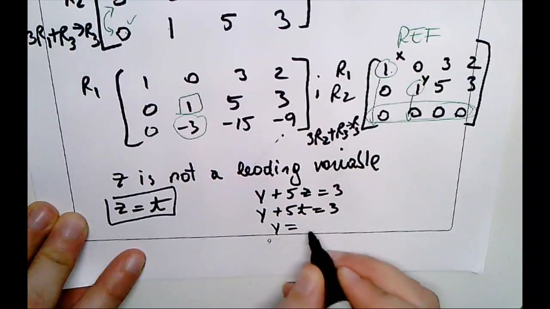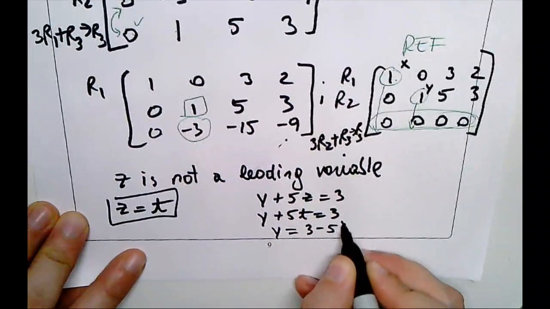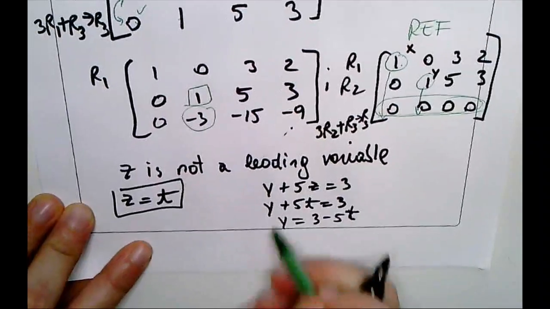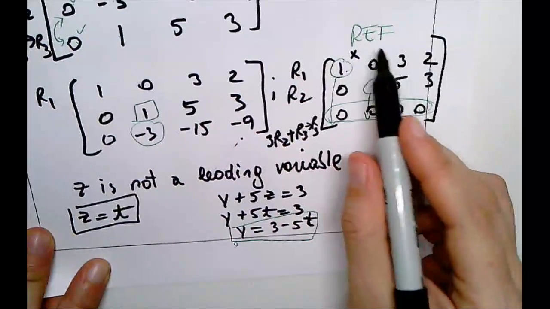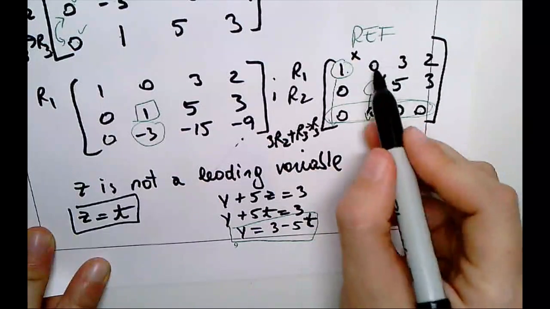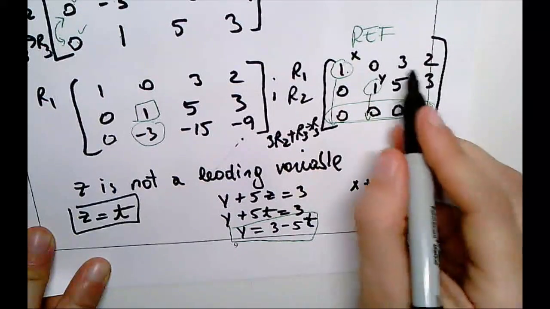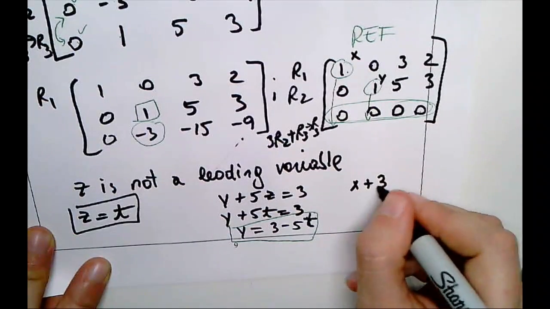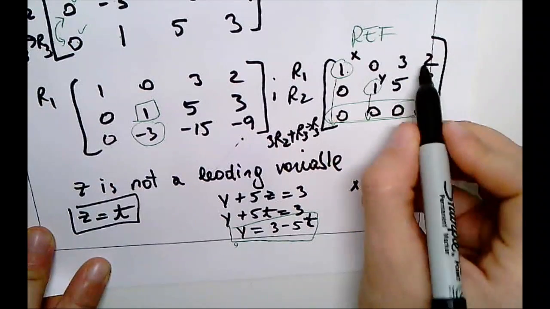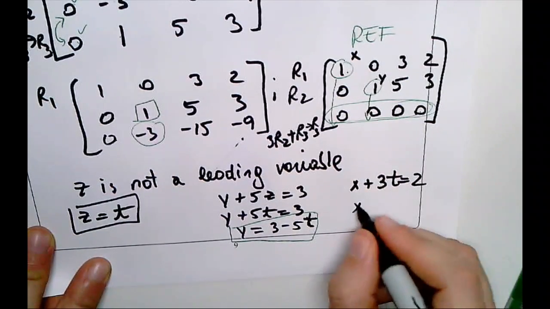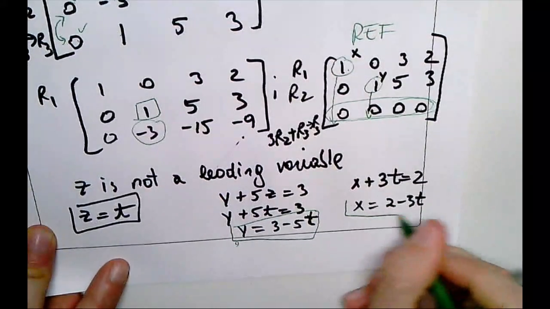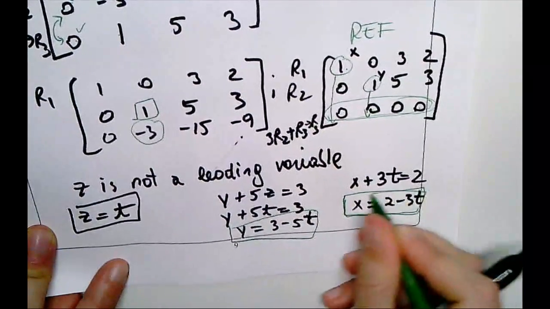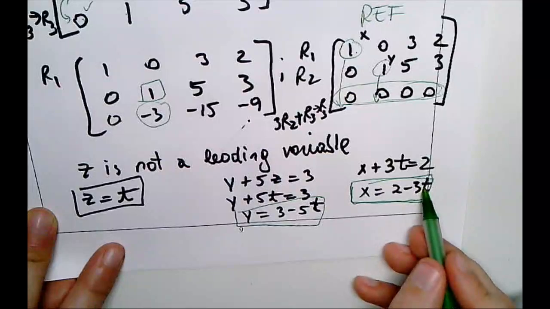So y equals 3 minus 5t. And then from the first equation, I have that x plus 0y plus 3z, but z is t, equals 2. So then x equals 2 minus 3t. So this is the solution. This is infinitely many solutions because t can be anything.